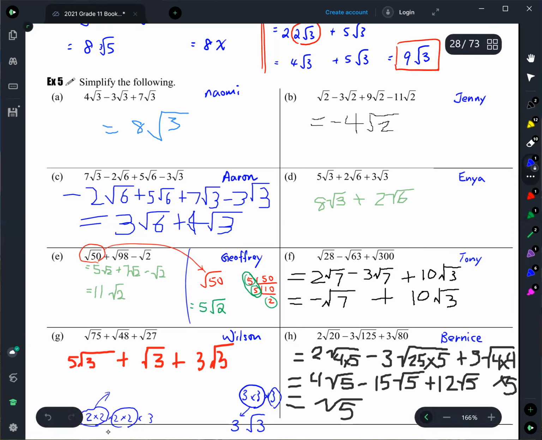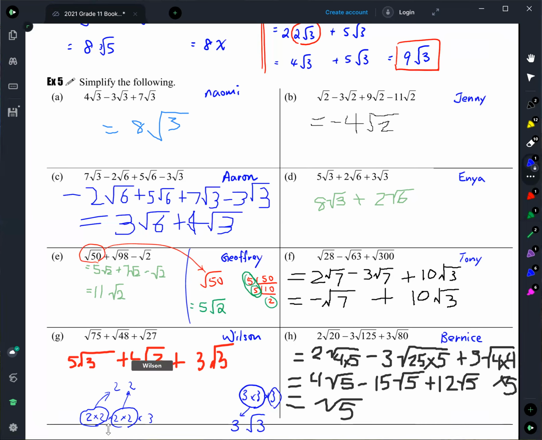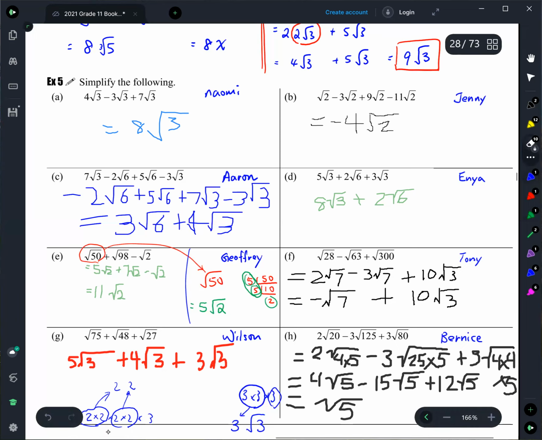Wait, hang on. 2 goes out, and then another 2 goes out. So what's on the outside then? Is it 4? Yeah. When they go out, they multiply together on the outside, okay? All right, and then you need to combine the like terms.